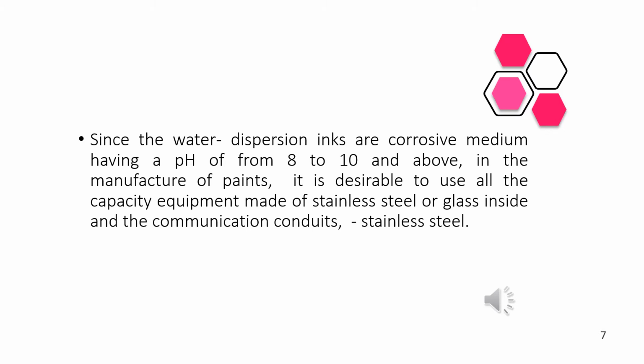The water dispersion inks have a pH from 8 to 10 and above. These are used in the manufacturing of paints. So, for the production or the manufacturing of paints, it is suitable to use equipment that is made from stainless steel or glass inside.